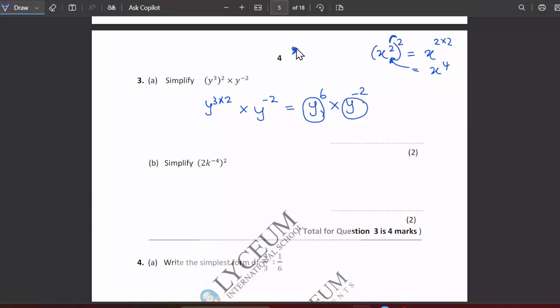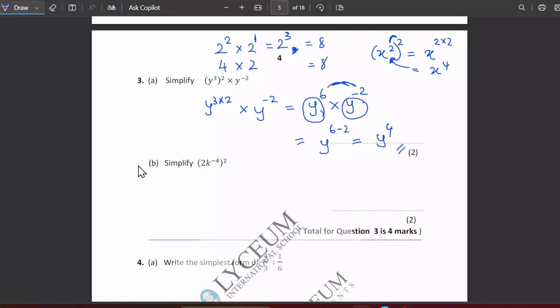Let's say 2 to the power 2 times 2 should equal 2 to the power 3, because here we have 1. That's true, no? 4 times 2 is 8. Like that, we can add these two powers: 6 minus 2 equals y to the power 4.